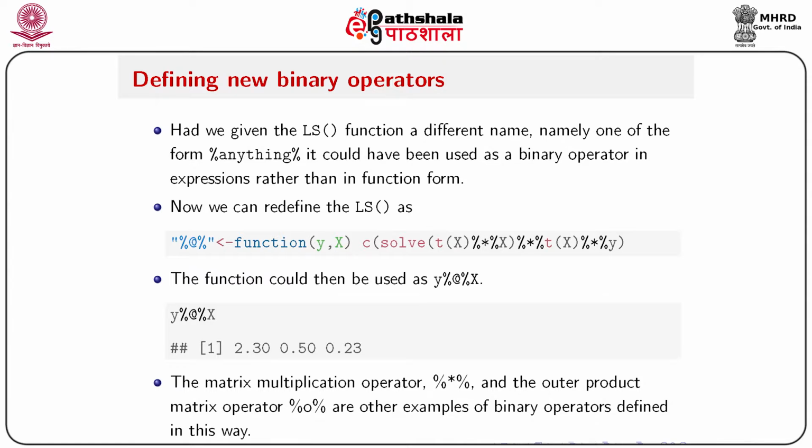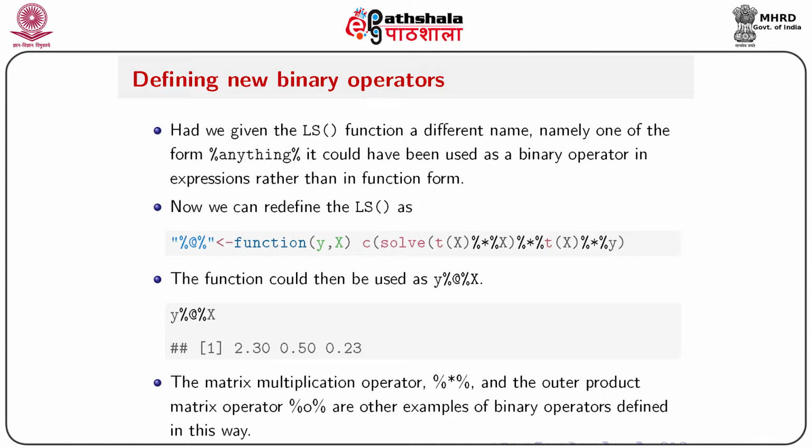For that, you write the name, write the binary operator within double quotes at the left side, then equals function(y, x), and then write down the return value, or write your own function and finally the return value. I just copied the same function that I defined earlier here, and instead of the ls name, I just replaced the ls by this binary operator created by me within double quotes.